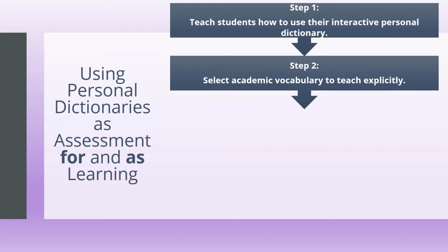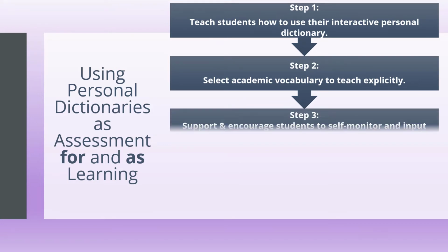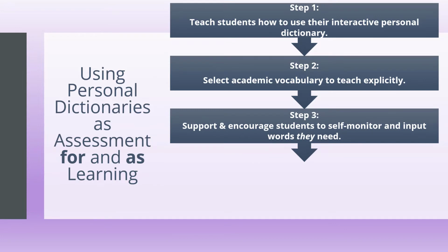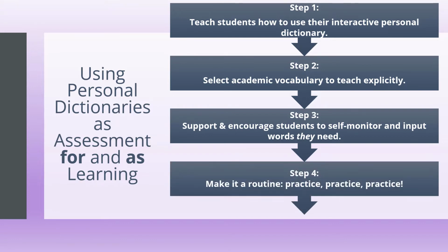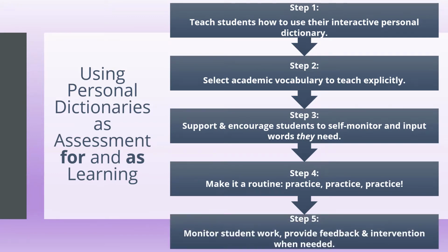Then we will select and explicitly teach academic vocabulary. We will support and encourage students as they self-monitor to input the words they need. We will make sure we turn this into a routine and we practice, practice, practice. And then as a teacher, monitor student work, providing feedback and intervention when needed.